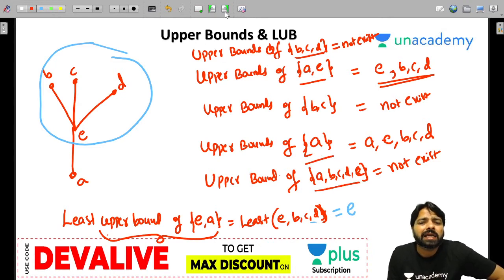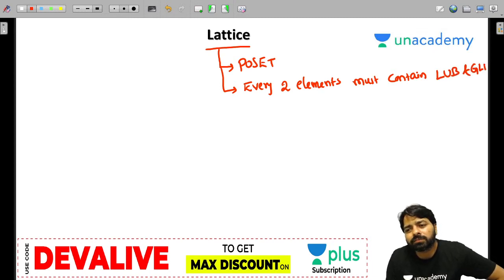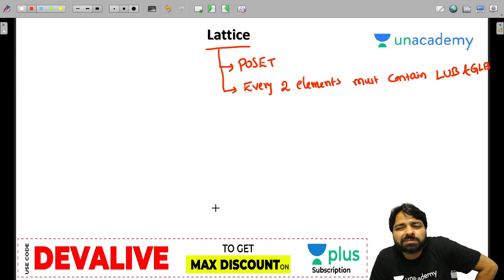We will not do that in a lattice. Every two elements must contain a least upper bound and a greatest lower bound. Everybody, every two elements must contain LUB and GLB.